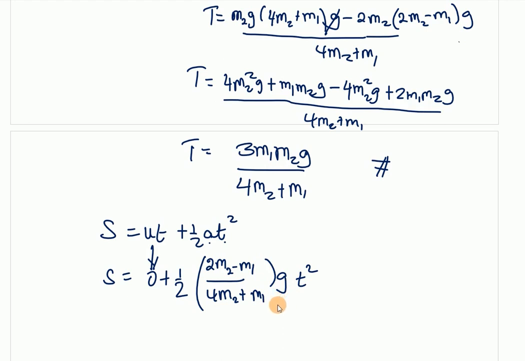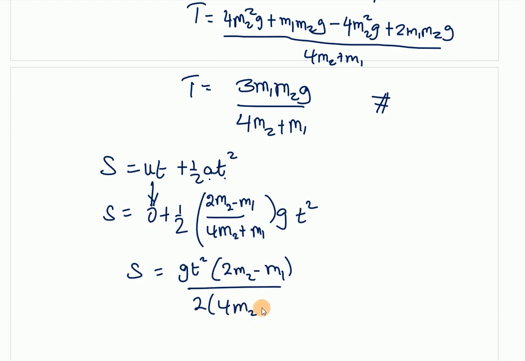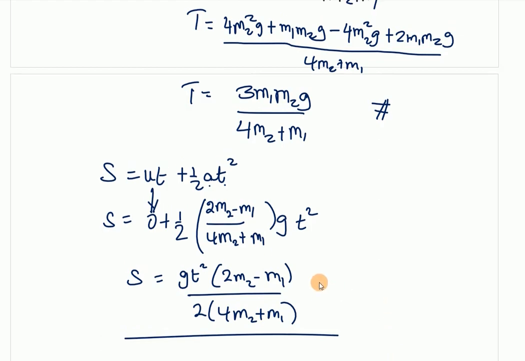And when you work out this, you see that the distance covered, S, is equal to G T squared into 2M2 minus M1 divided by, there is a 2 out there, then 4M2 plus M1. That is the S, the distance covered by that body.